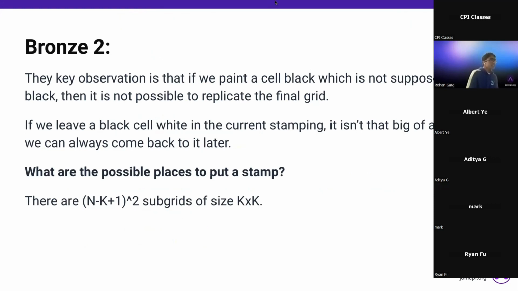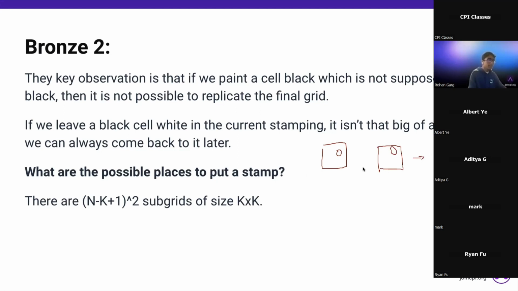In fact, we can kind of prove this to ourselves. If we have a 0 here, and let's say the answer to the problem was yes, so for one of the test cases, the answer is yes. And the stamp that was used to cover this one in the answer stamped this part of the grid. Let's say we applied a stamp that touched this and left it white.